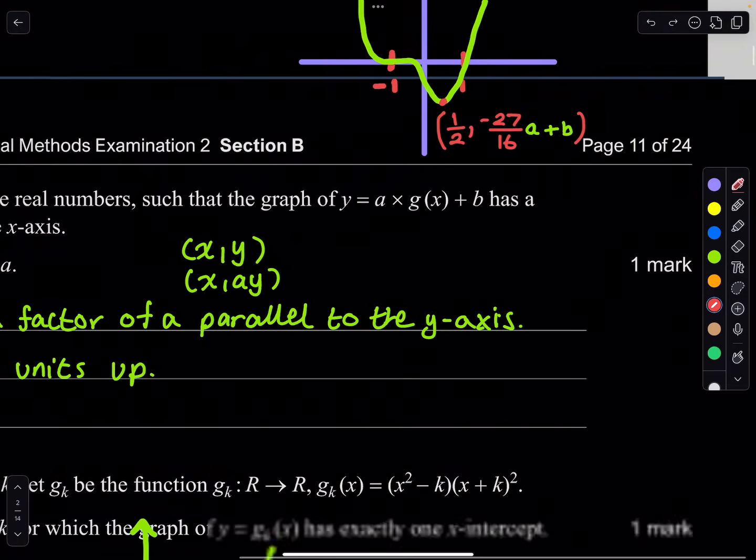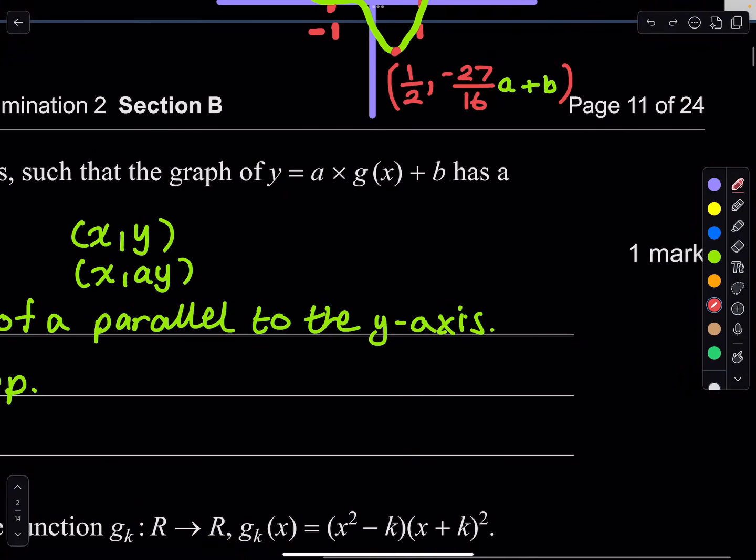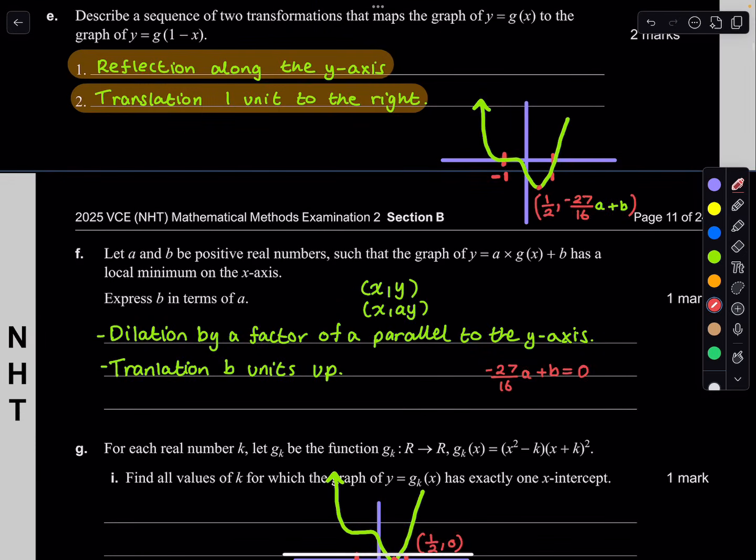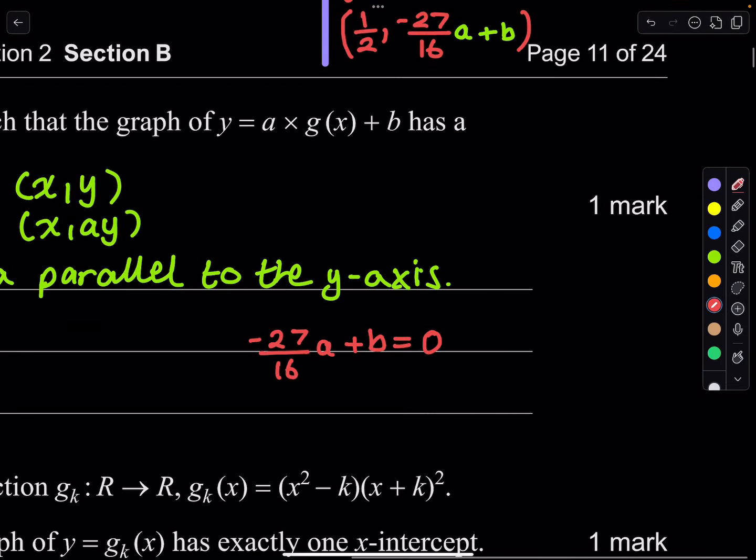So we have negative 27 over 16 times a, plus b. And we want all of these transformations to result in the overall y value being equal to 0. That's what we want. So in our question, it says express b in terms of a, just basically make b the subject. So b is equal to 27a over 16. That is your b in terms of a.